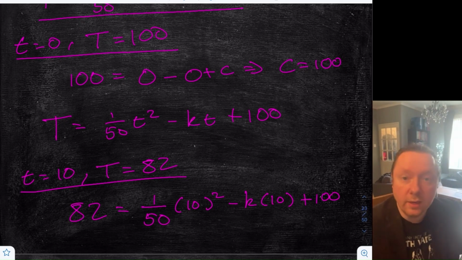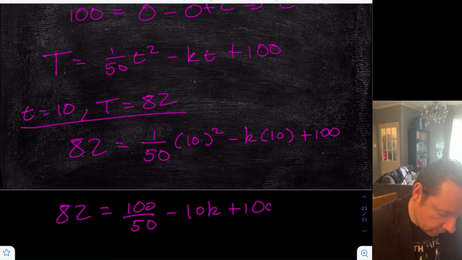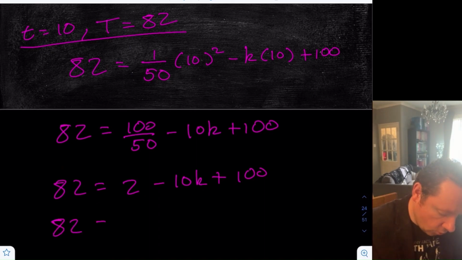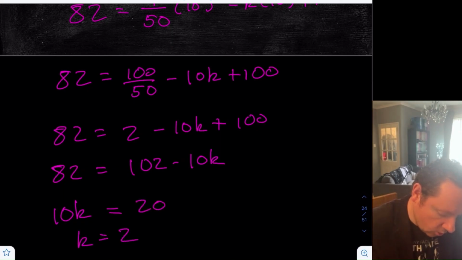So we just need to solve and get k back out. 82 equals 100 over 50 minus 10k plus 100. Just quickly running through this, you get 2 minus 10k plus 100. So you get 82 is 102 minus 10k. Moving the 10k over to this side to make it positive, that is 102 minus 82 is 20. So k is 20 over 10, which is 2.